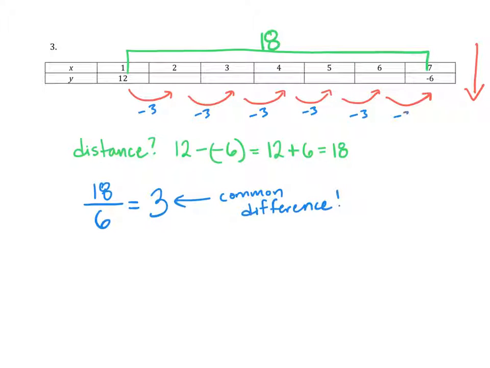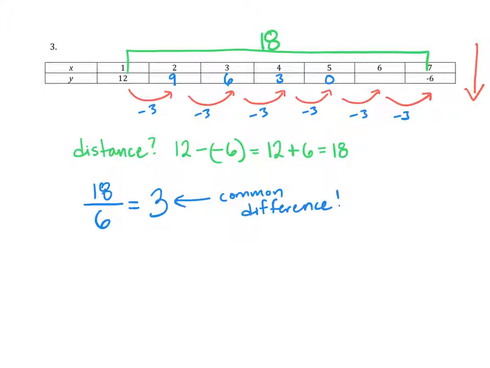Minus 3, minus 3, minus 3, minus 3, minus 3, minus 3. And then let's go for it. Let's plug it all in. So 12 minus 3 is 9, so that's going to be step 2. 9 minus 3 is 6, so that's going to be step 3. 6 minus 3 is 3. It's going to be step 4. 3 minus 3 is 0.